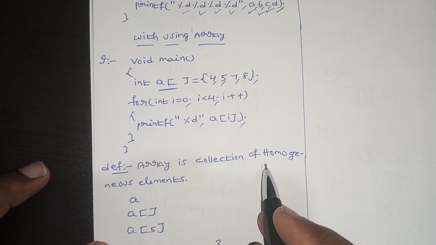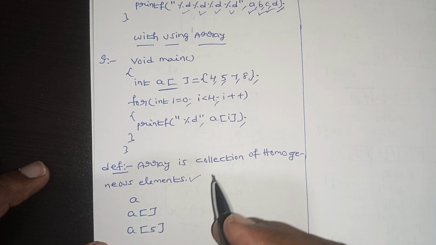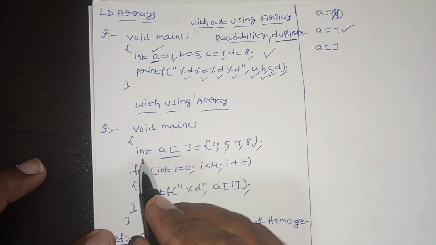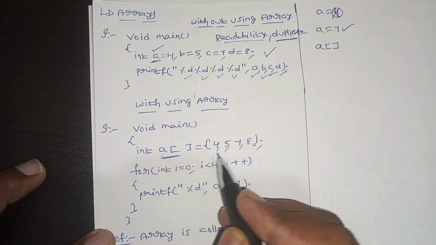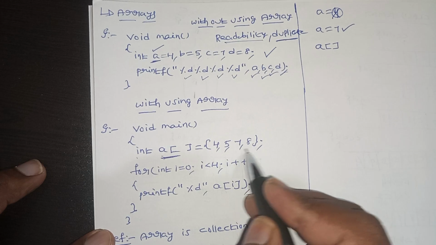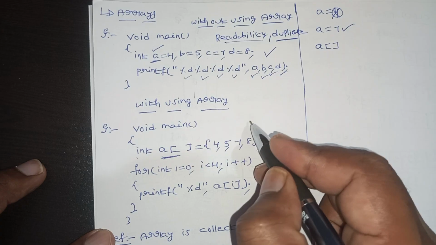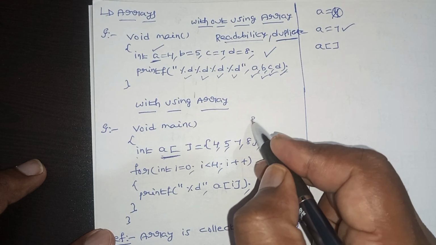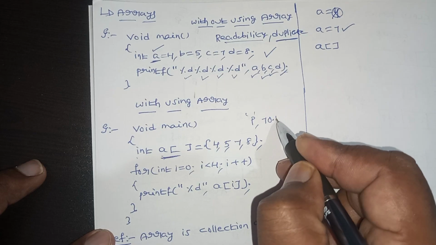What is an array? An array is a collection of homogeneous elements, homogeneous data types. So here, int a means that in this array variable I have to store only integer values. In this array you are not allowed to store a string, a character, or a float value like 70.4.